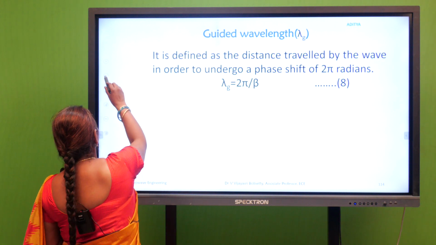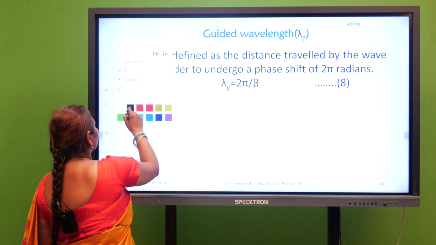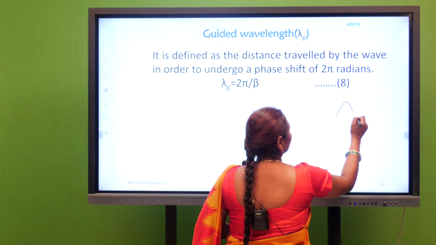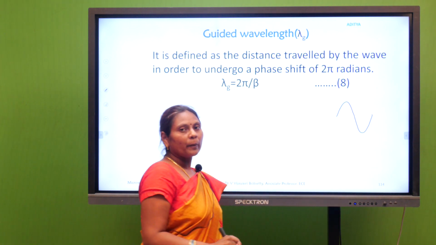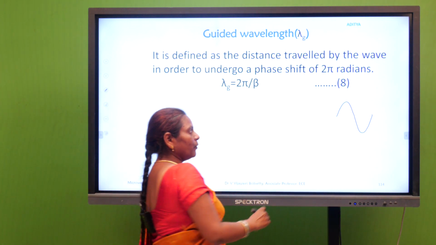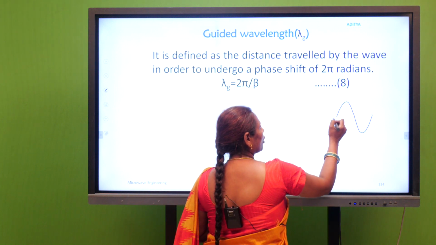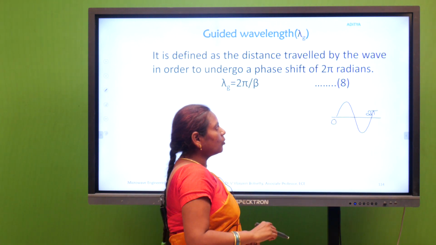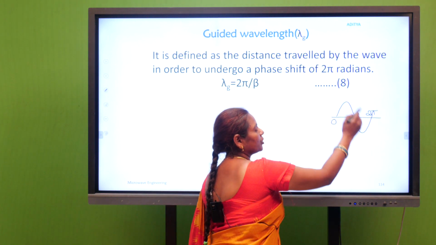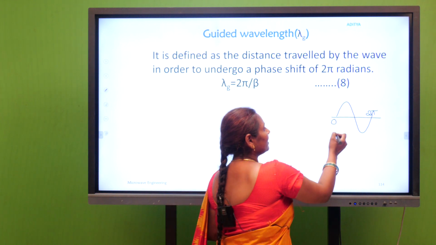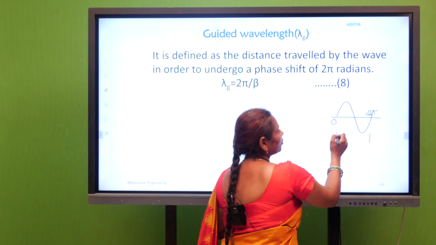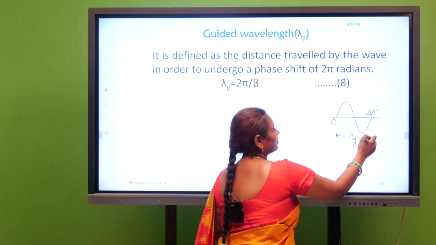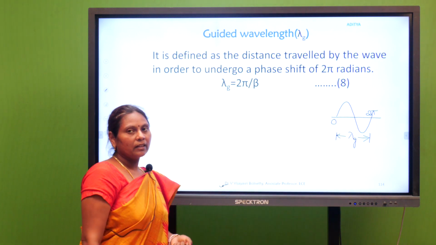For example, if you consider a sine wave propagating, the sine wave has a phase change from 0 to 2 pi. To undergo this one complete cycle, a phase change of 2 pi, the distance it travels is what we call the guided wavelength, lambda g.